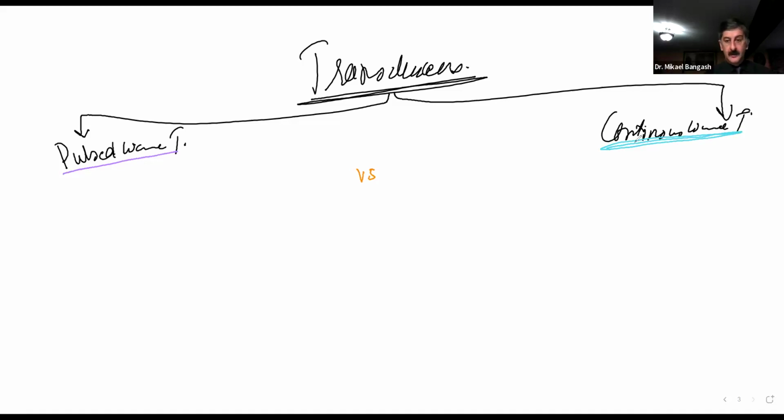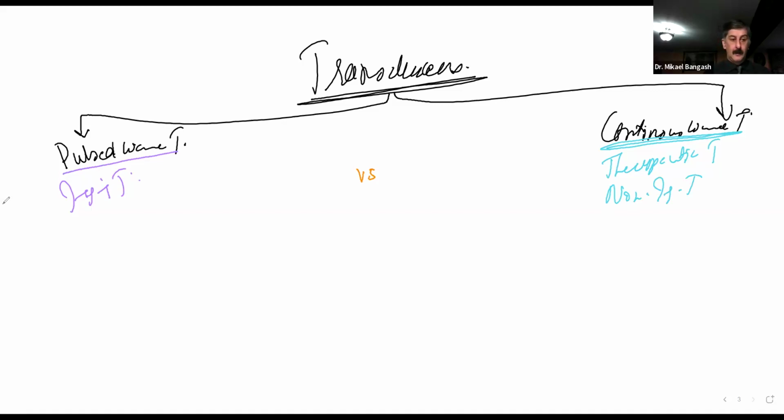So we could say that this one here is also called a therapeutic transducer, whereas these are imaging transducers. Based on this, we could also say that this one here is a non-imaging transducer.